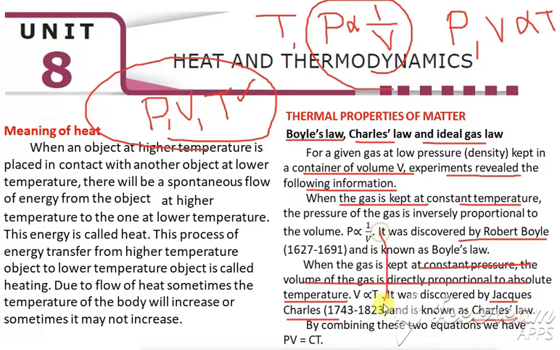Combining both equations: P is inversely proportional to V, and V is proportional to T. Now these two equations can be written as P is equal to C divided by V, and V is equal to C into T. If you combine both, we get PV is equal to CT.